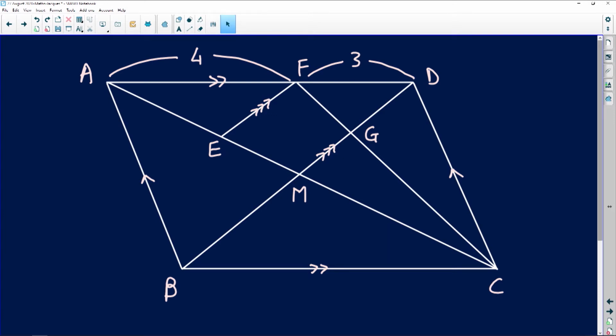So this diagonal is parallel to that line. And lastly, they tell us that AF to FD is 4 to 3.